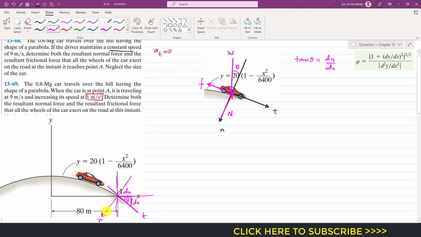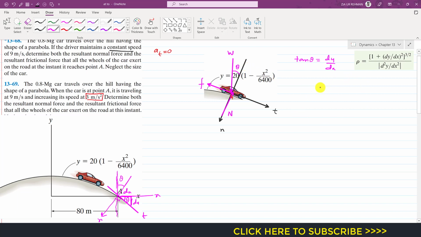So if this normal is perpendicular with the tangential axis and this vertical line is perpendicular with the x-axis, so if the angle here is theta, then this angle is also theta. So this means that if we find this theta, then that weight will be making that same angle theta with the normal axis. So this is that theta. So we are required to find this theta since we cannot find this F and N until we find this theta, since we need to resolve this weight into its components.